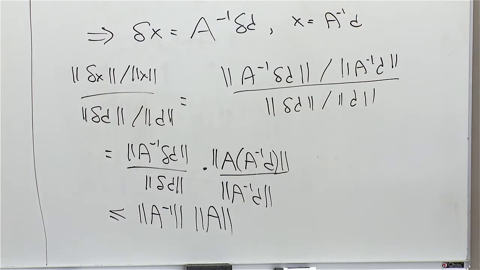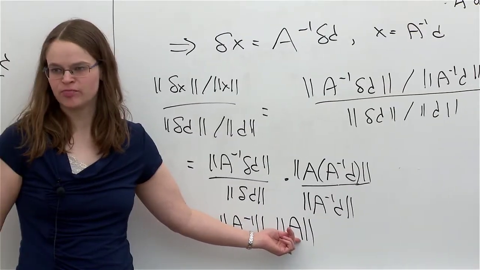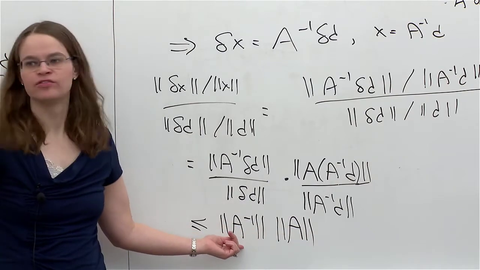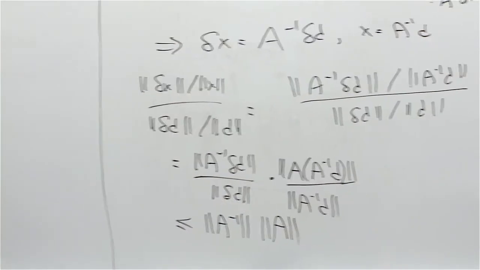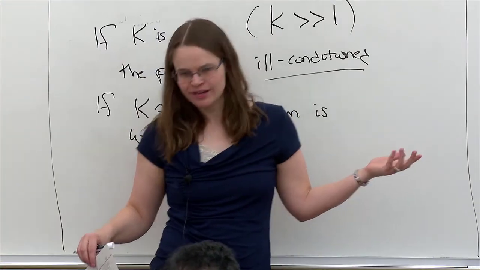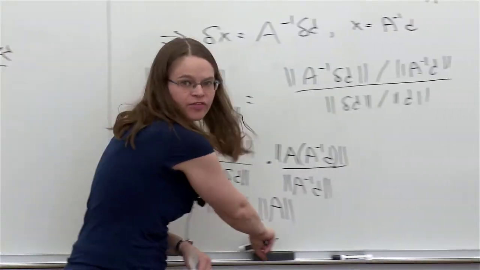So if I had the identity matrix here, the norm of the identity matrix might be 1, and then its inverse is the same, also 1, and you get a perfect condition number, which makes sense. If I'm trying to solve I times X equals D, there's nothing to do. You're going to get the right solution. So that's a good sanity check.